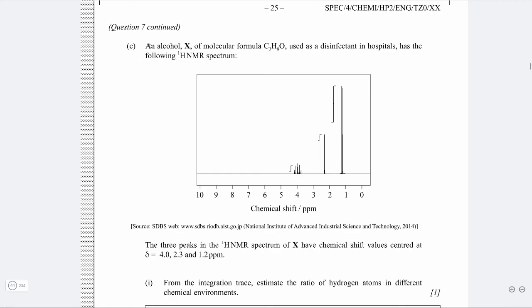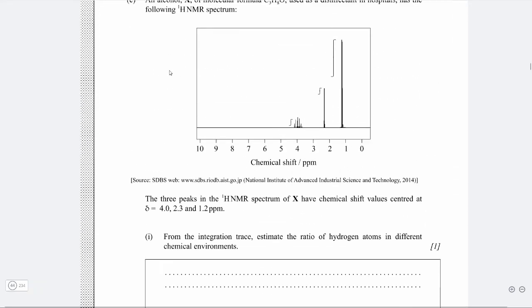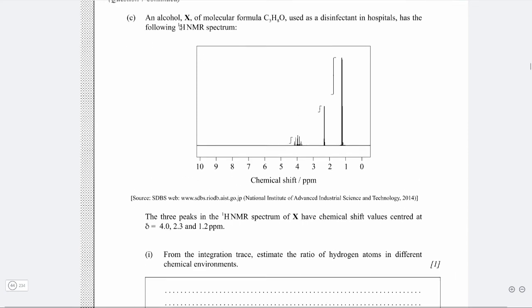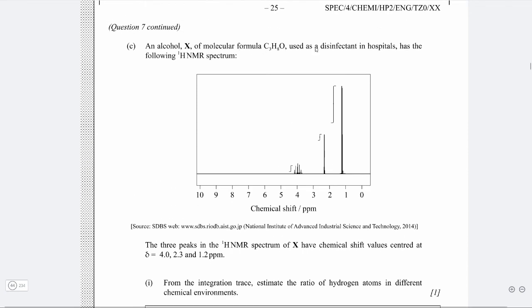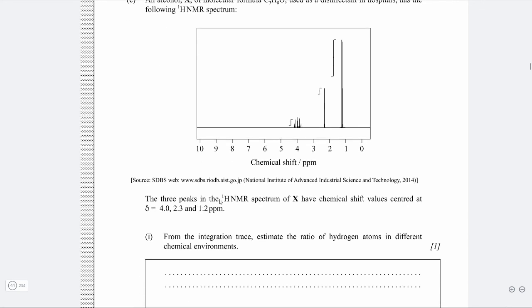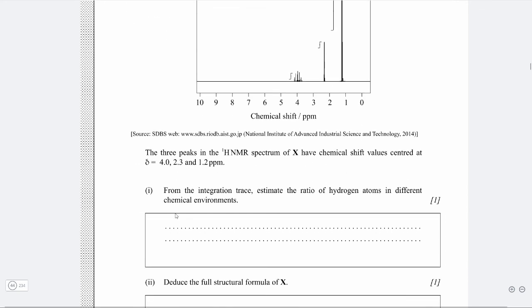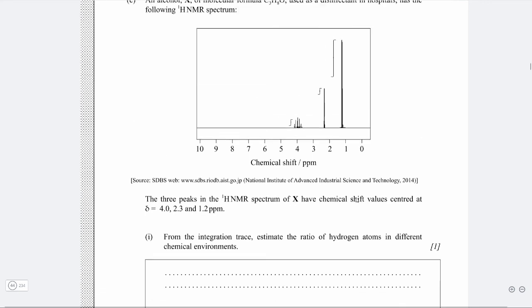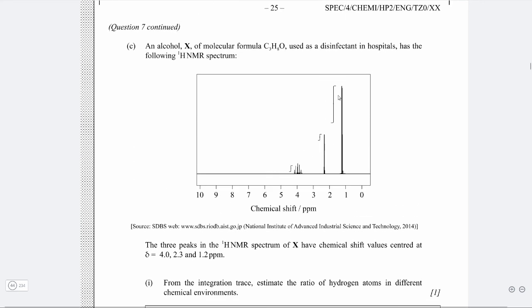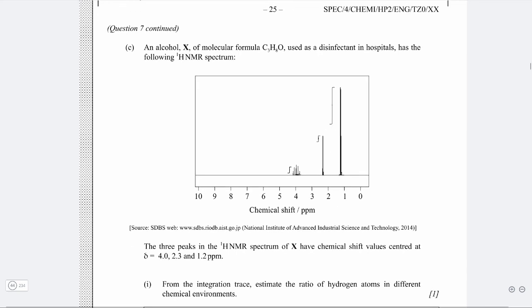Okay, this paper is just never ending. An alcohol of molecular formula used as a disinfectant has the following HNMR. 3 peaks, chemical shifts. From the integration trace, estimate the ratio. So here use a ruler to find the length from here to here.